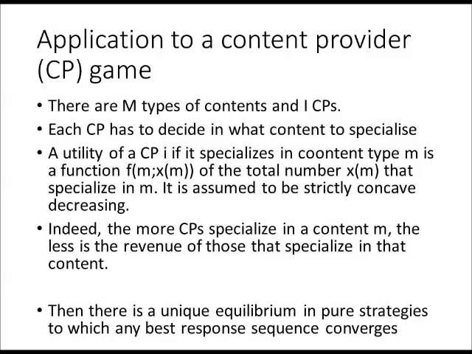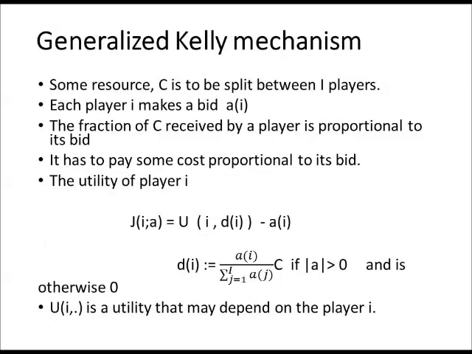We next introduce another potential game, the generalized Kelly mechanism. It will play an important role in our tutorial later. Some resource that contains some C units of good is to be split between I players. Each player i makes a bid a_i. Its utility is related to how much it receives.